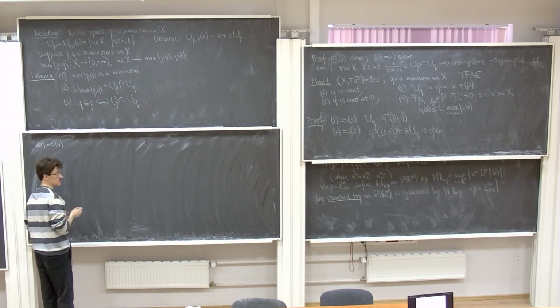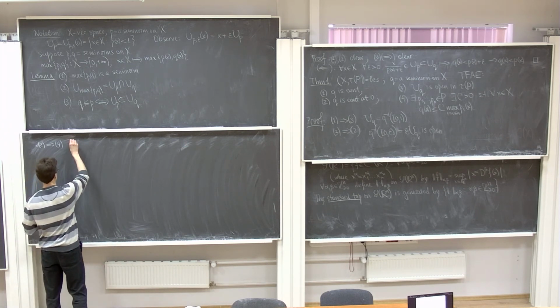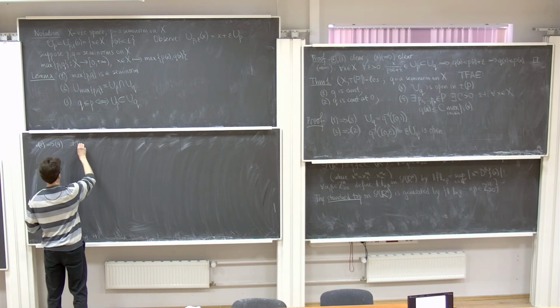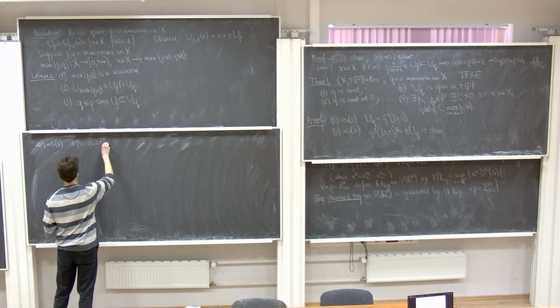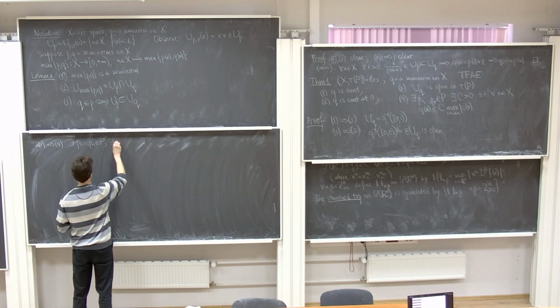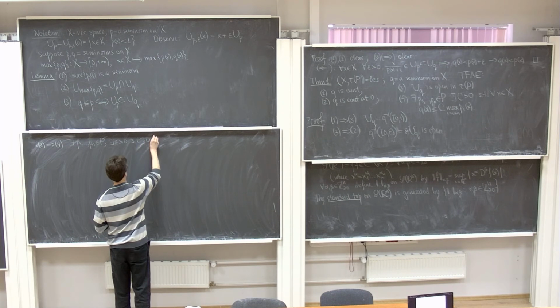And the basic neighborhood of 0 is given by finitely many seminorms and a positive epsilon. So there exist finitely many seminorms, P1, ..., Pn in our family, and there exists a positive epsilon such that we have the following inclusion.